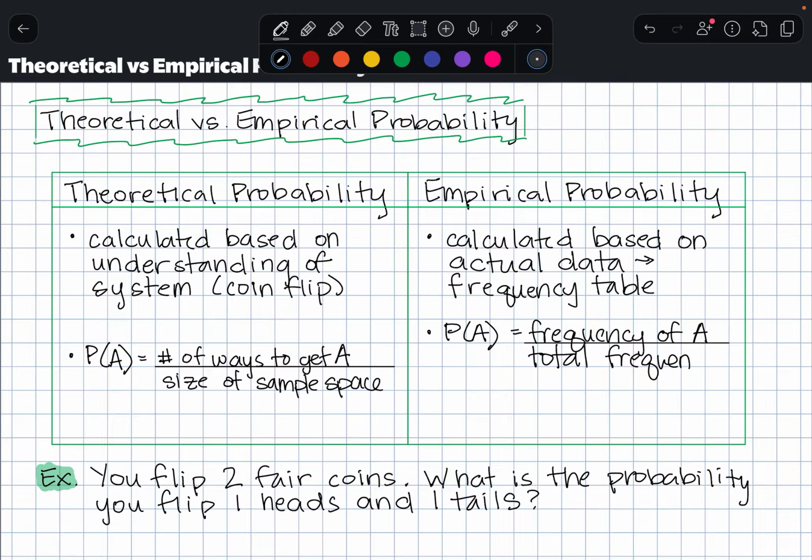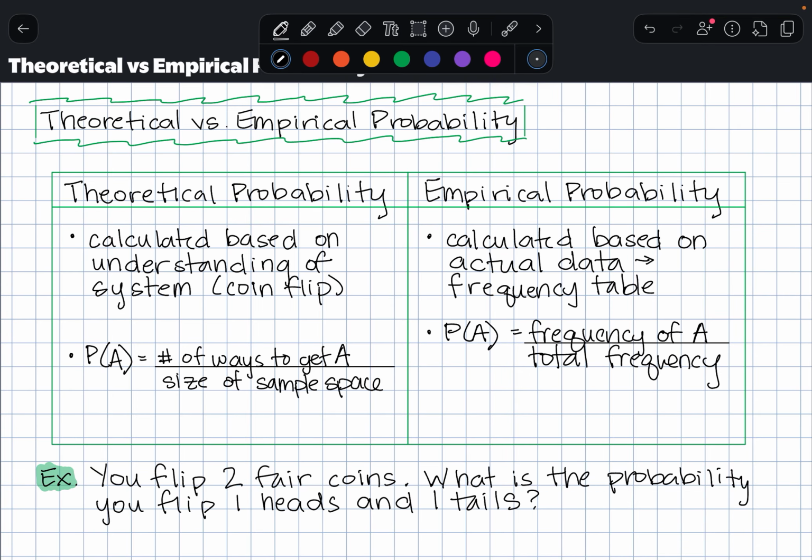You'll notice that both of these fractions have very similar structures. It's event A on top, total on bottom. Sometimes we're pulling that from the structure of the system. Sometimes we're pulling it from a frequency table, but it's always the number of ways to get the thing we want on top, total number of possible outcomes on bottom.